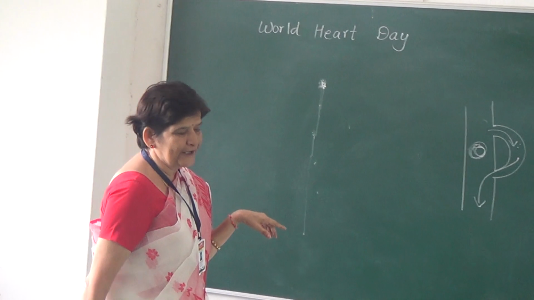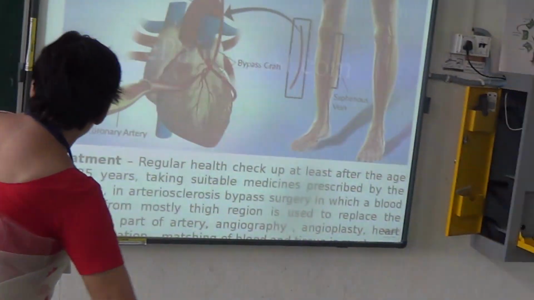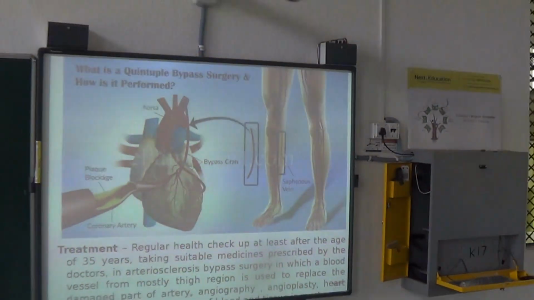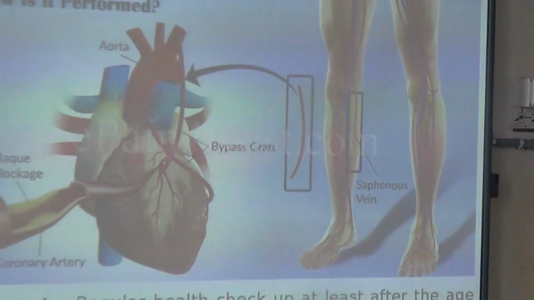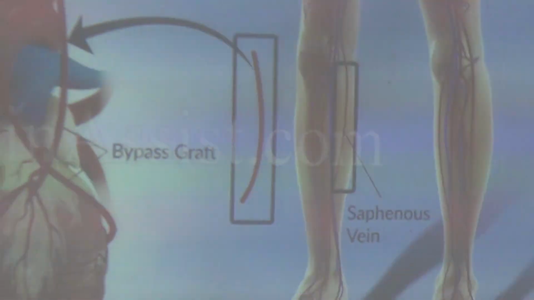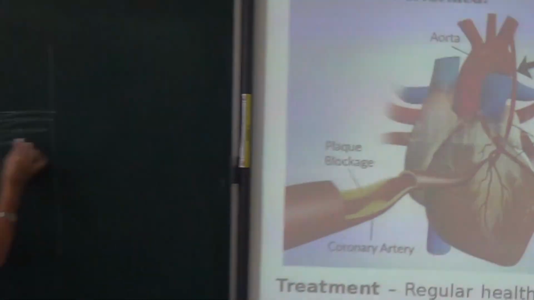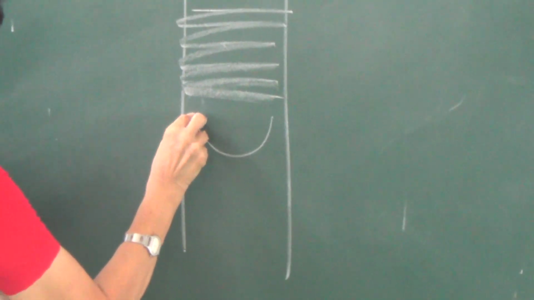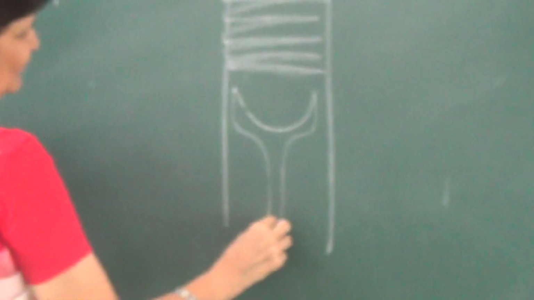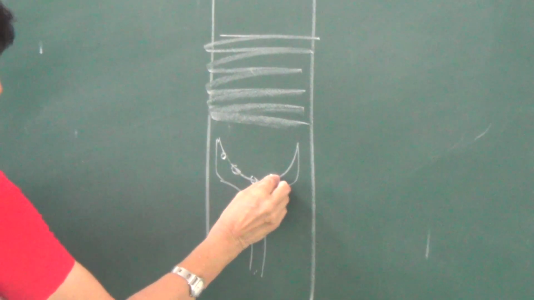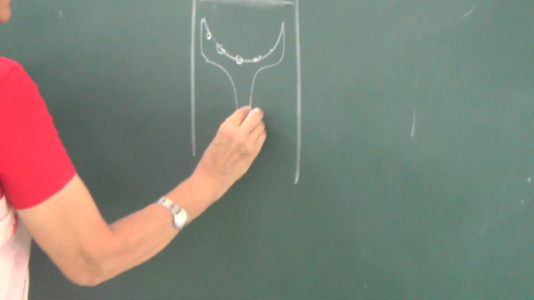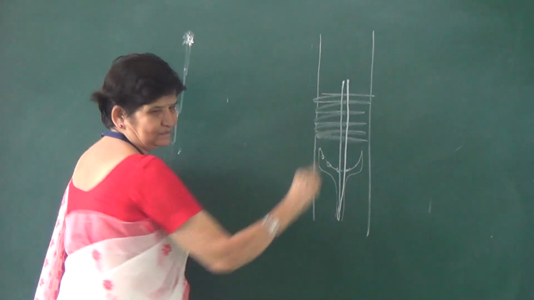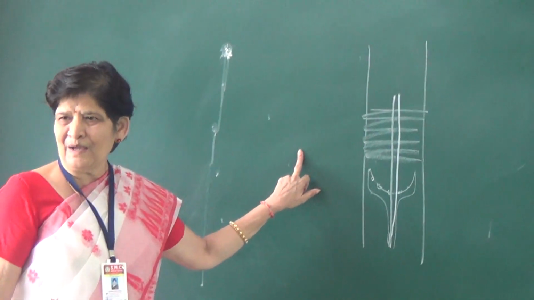The most modern technique of surgery is done nowadays. Here there is a block. So a funnel-like structure is there. This is a funnel. It has holes and through a syringe some medicines are introduced inside it. Because of this, what happens?